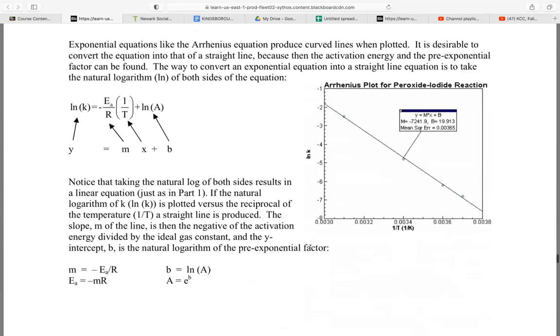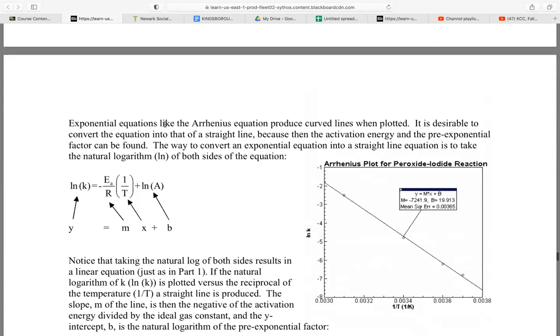So that's this one right here, the Arrhenius plot. So it's ln of K versus 1 over T. You're going to have 5 points. It's kind of hard to see in this graph, but there's 1, 2, 3, 4, 5. And this one will give you a negative slope.